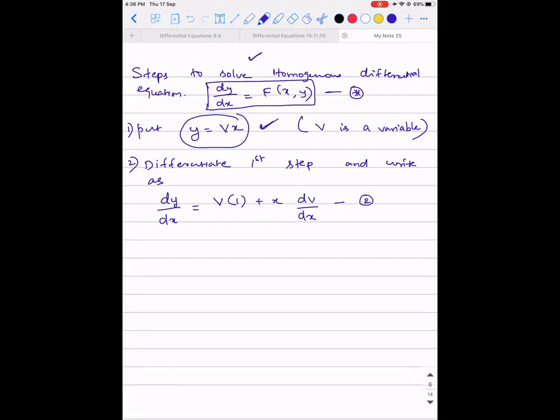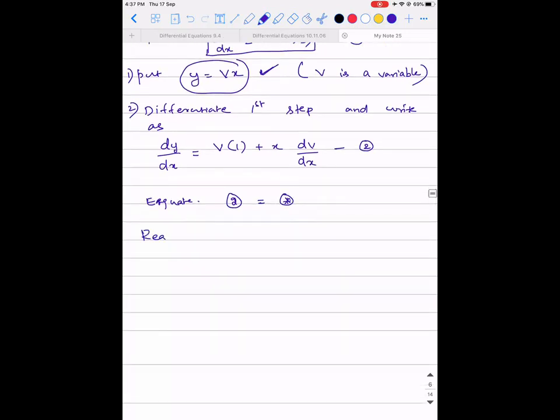So this will be step number 2. Equate the second step to the given question. Okay. This is the third step. Fourth, rearrange the equation and apply variables and separables to solve the differential equation.